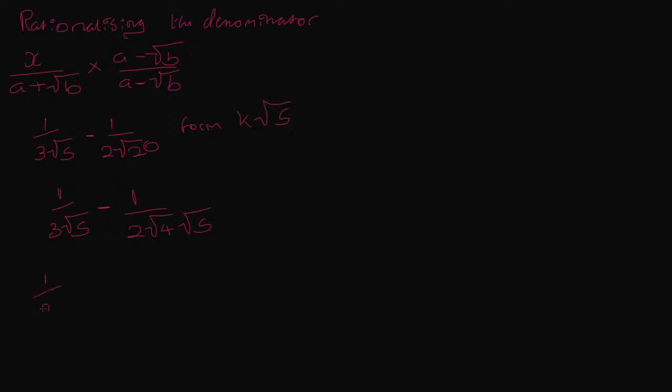That'll be 1 by 3 square root of 5 minus 1 over 2 by 2 square root of 5. So that would be 1 over 3 square root of 5 minus 1 over 4 square root of 5.